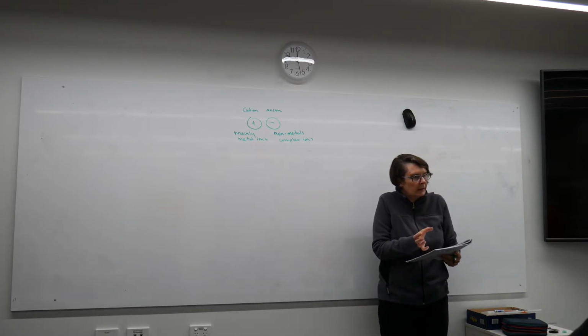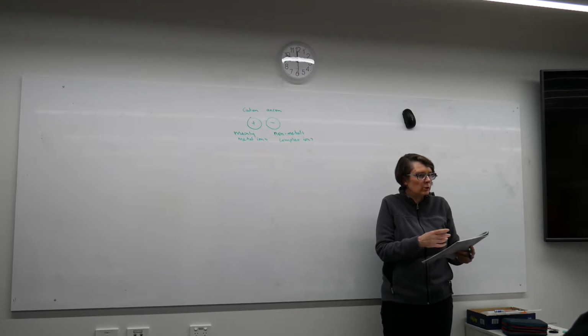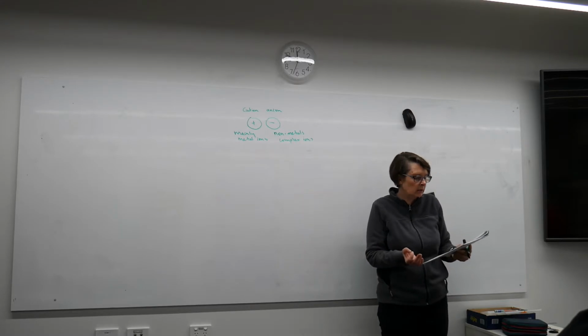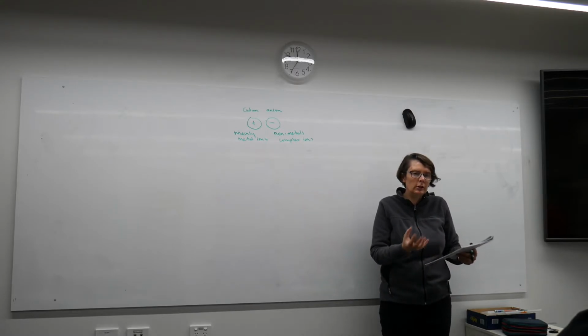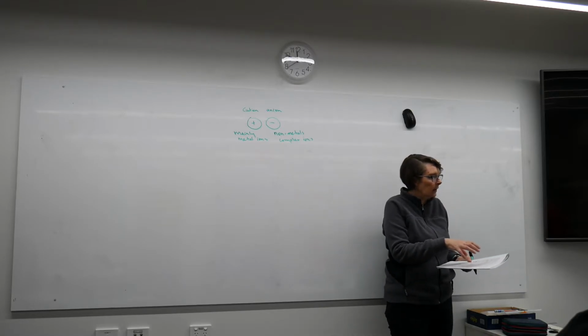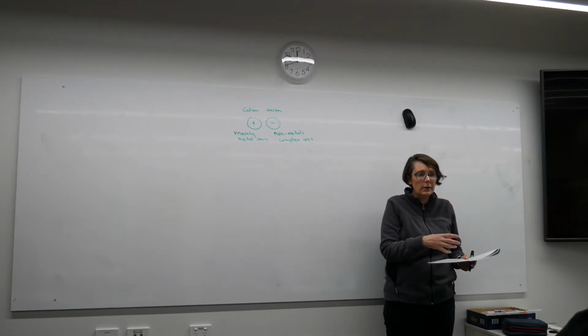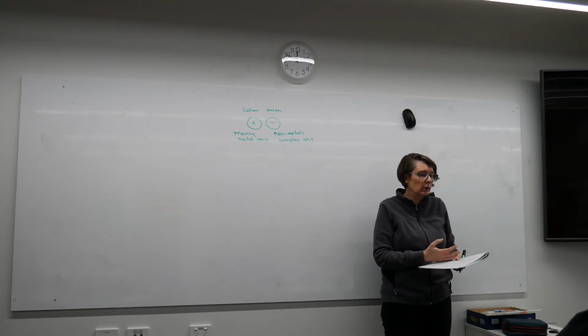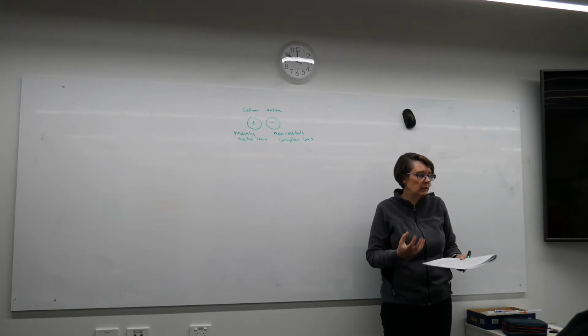We've talked about them having a high melting point because of that strong electrostatic force of attraction between the ions that needs a lot of energy to break it apart. We've talked about it conducting electricity, either in the molten or aqueous state, but not as a solid, because the cations and anions are fixed in that crystal lattice and they're not able to move.